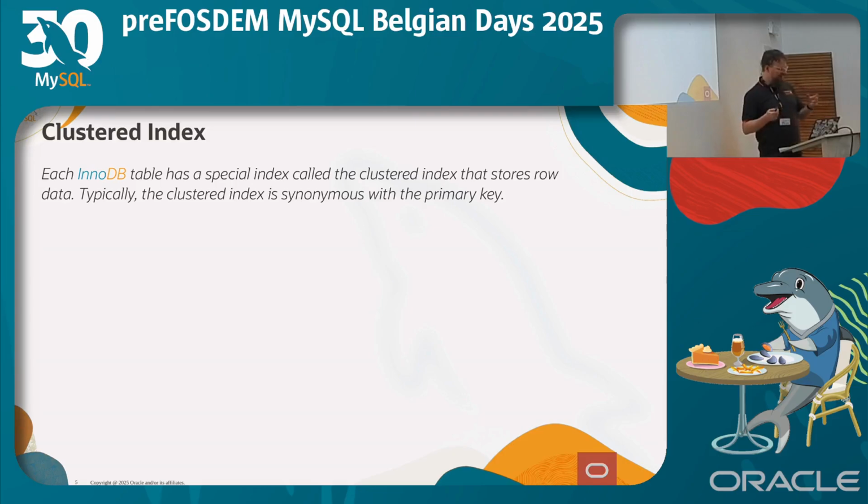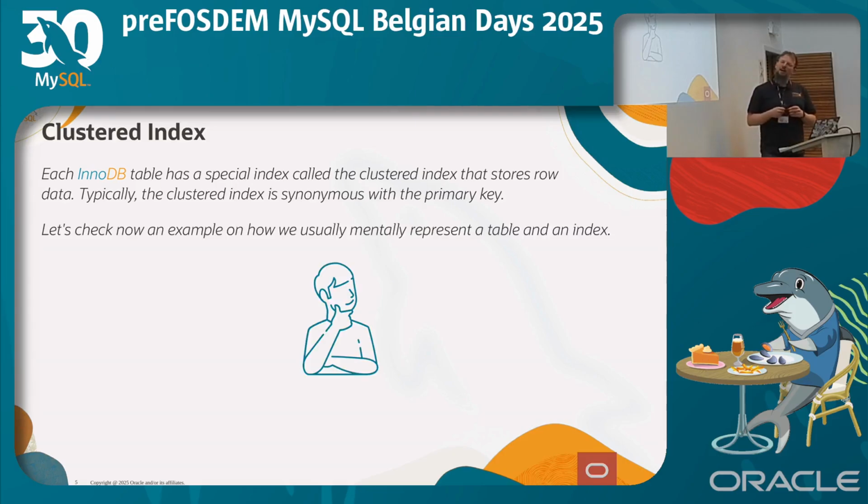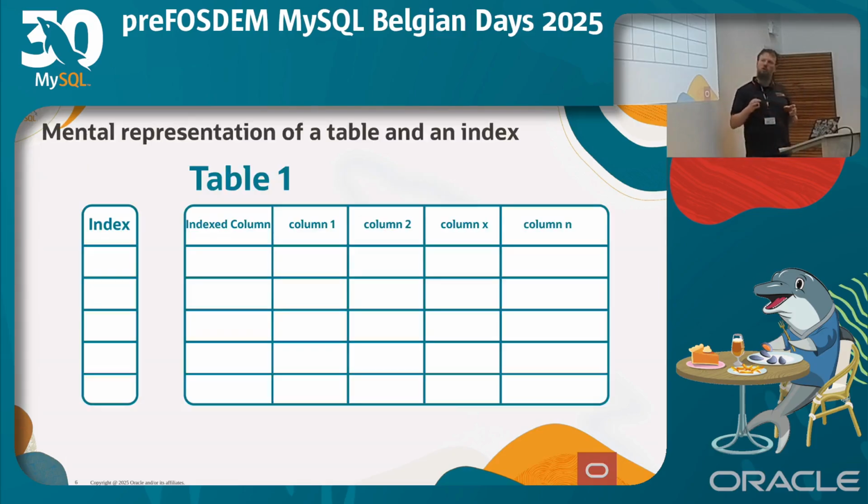So when I explain that to my kids, before telling them what the clustered index is, they say, oh, in a table you have columns, you have rows and indexes, and they want to represent that. This is how they would represent it. There is a table, there are some columns, there is an index column, and then there is the index, right? The index column could be a primary key, but this is how they see it.